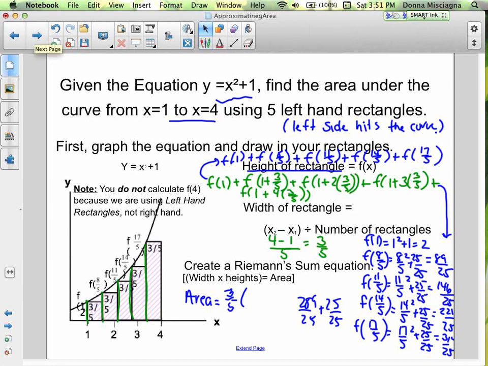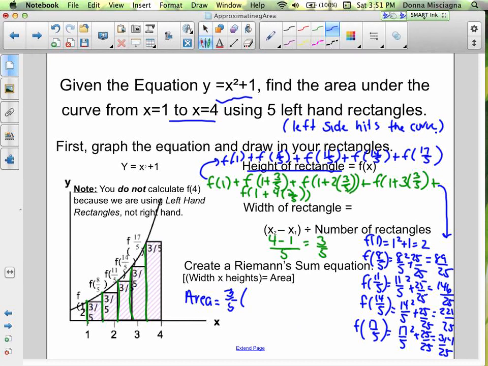Okay, so those are all our values of our function. Now, normally you won't write all this f of 1 plus 3/5, f of 1 plus 2 times 3/5, but you would write f of 1 plus f of 8/5 plus f of 11/5. I just put that first part in here to help you see where the values came from. And now I need the values.